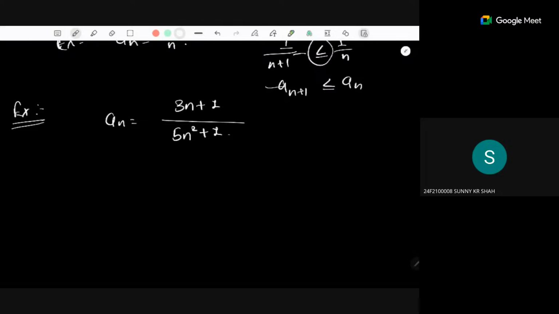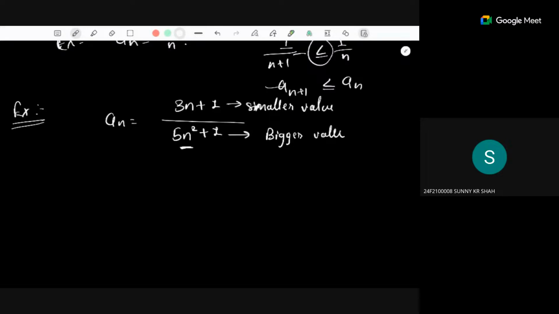In this example, you can observe that the numerator will give us a smaller value than the denominator, because we have power n square here, and here we just have 3n plus 1. So in this case, the denominator will go to infinity much faster than the numerator.